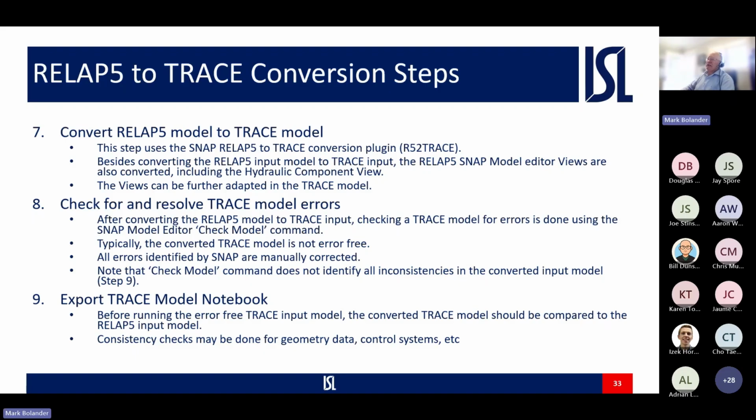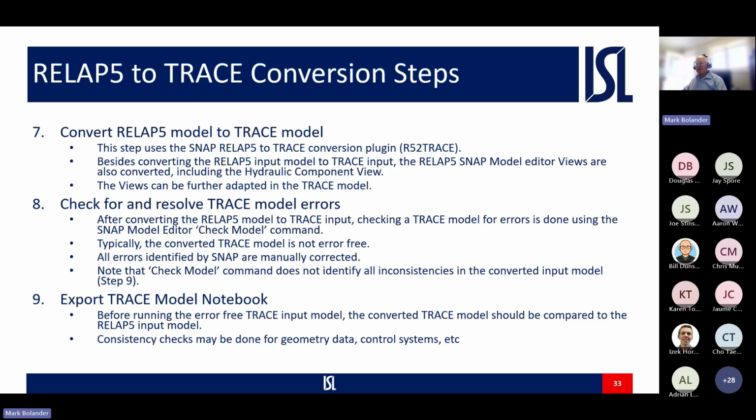And then the next thing, the most important step, as Isaac has pointed out in some of these exercises, is that we need to check for and resolve TRACE model errors. Checking a TRACE model for errors is done using the SNAP model editor check model command, as Isaac pointed out.